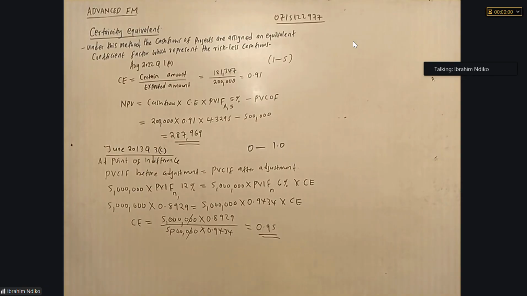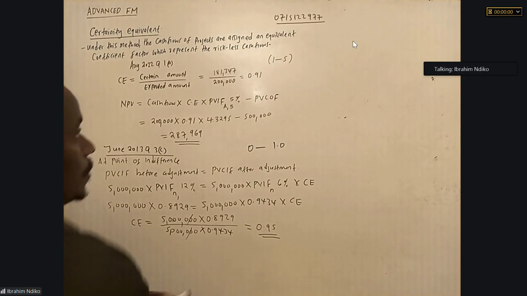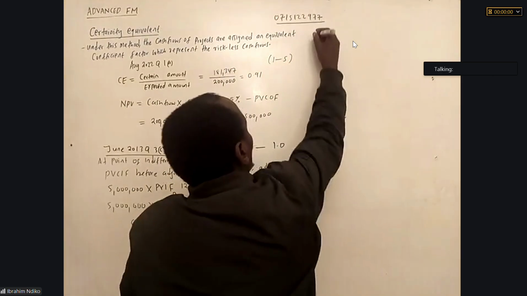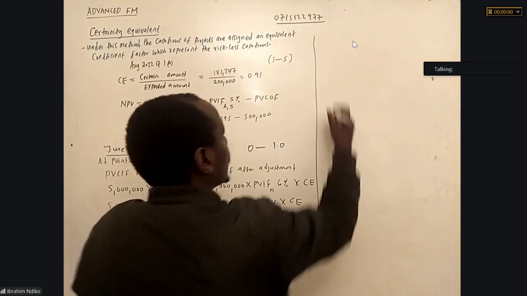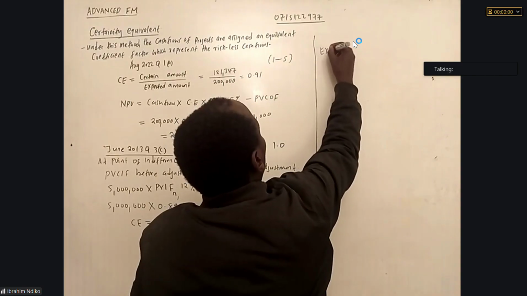So let me give you another example of certainty equivalent. Another way you can find this question. So, tumefanya tatu. Tumefanya mbili. So another format you can find. So let's see another illustration. Example.